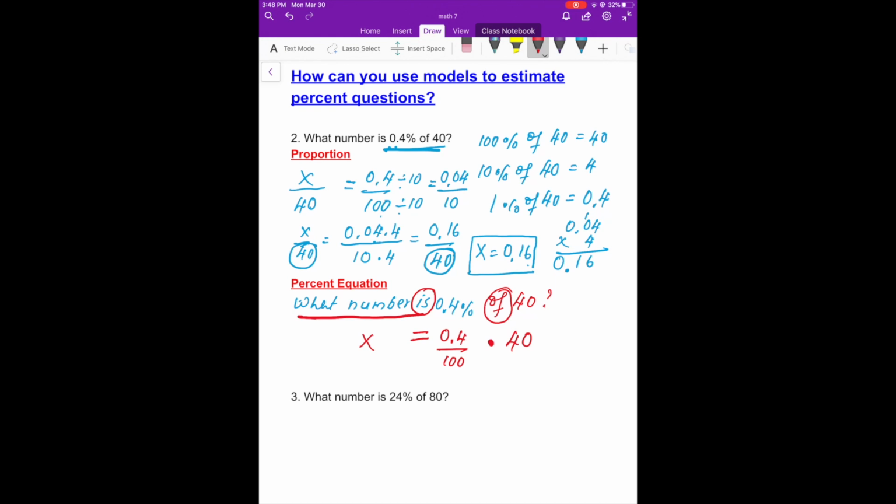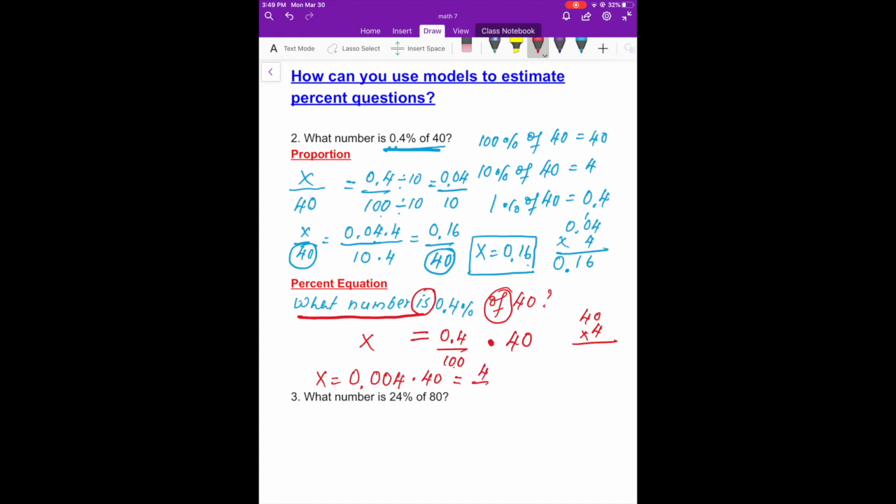So how do I do that? So x is equal to, how do I divide by 100? You move the decimal over twice to the left. So I'll get 0.0 twice. So if I move once, I'll get 0.04, but one more, 0.004 times 40. So you can just multiply 40 by 4 and move 3 decimals because it's thousandth.